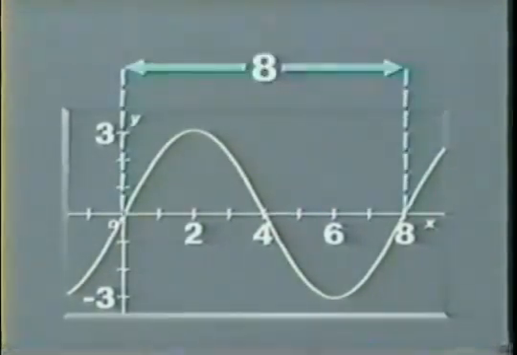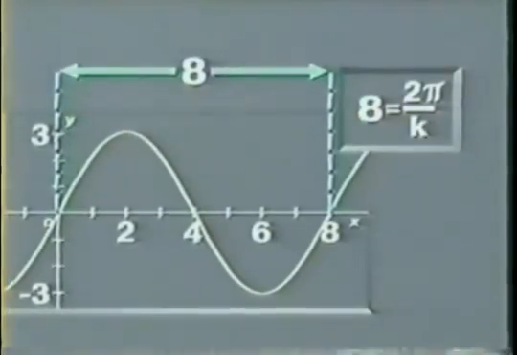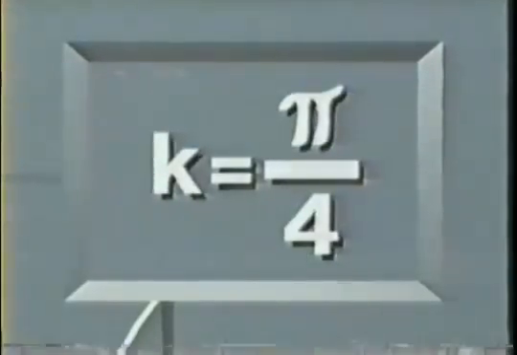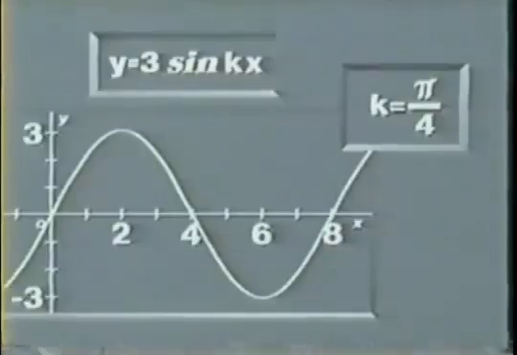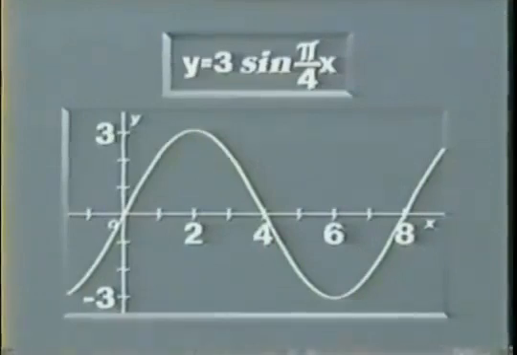The period of this wave is 8 units. Therefore, 8 must equal 2 pi over k. K then is pi over 4. The full equation is 3 sine pi over 4 x.